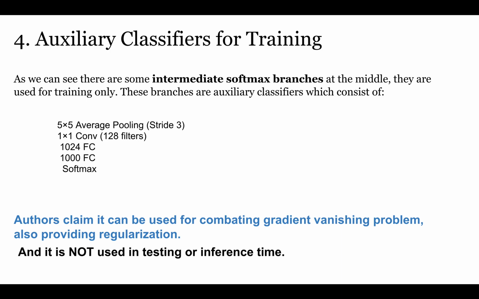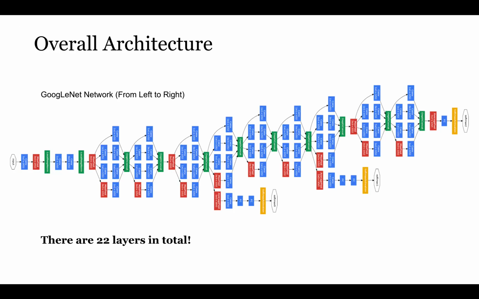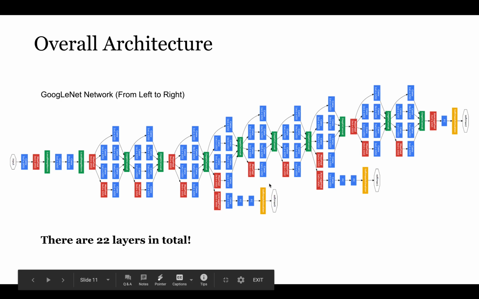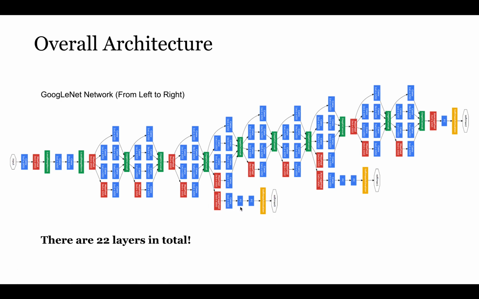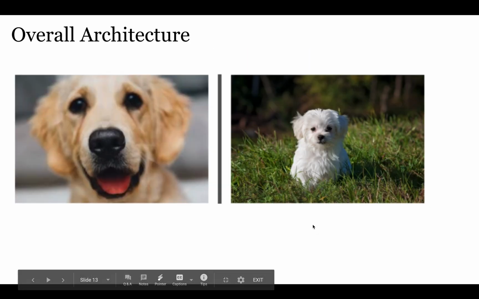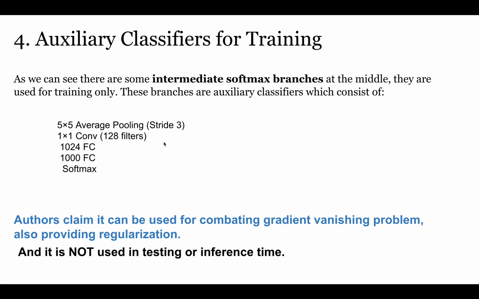Now for auxiliary training, like I discussed, somewhere in the middle part we are using some fully connected layers and some softmax. It's used for training. How can we choose for auxiliary training? 5x5 average pooling with stride 3, a 1x1 convolutional filter, 2 fully connected layers and softmax.